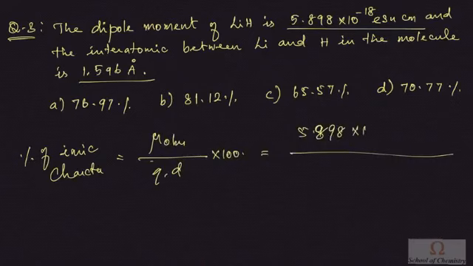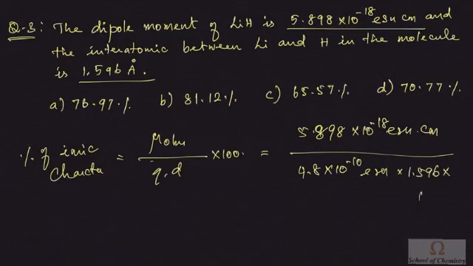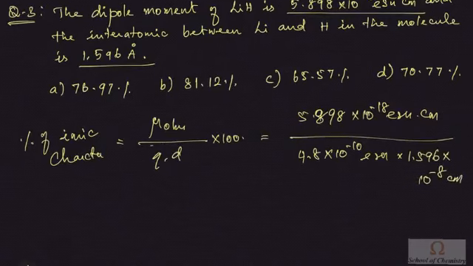So this is nothing but 5.898 into 10 to the power minus 18 ESU centimeter divided by 4.8 into 10 to the power minus 10 ESU into 1.596 into 10 to the power minus 8 centimeter. Then only both things will get cancelled.